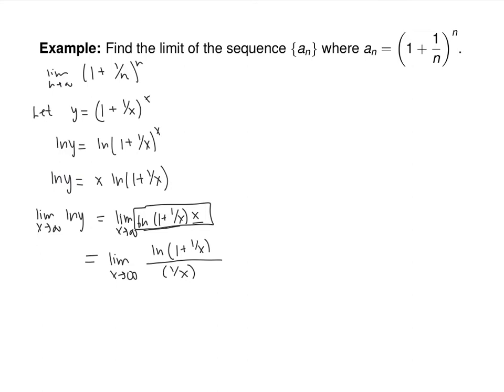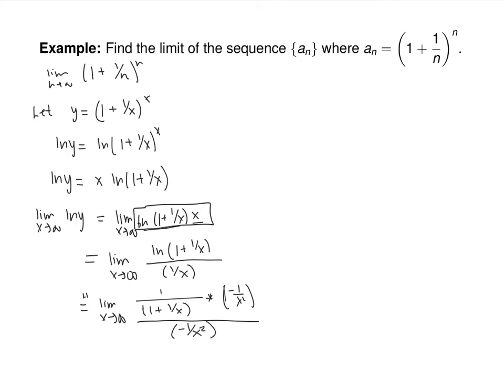Okay. So now we apply L'Hopital's rule. The limit as x goes to infinity. So the derivative of ln of that stuff will be 1 over that stuff times the derivative of the stuff, which is negative 1 over x squared, all over the derivative of 1 over x, which is also negative 1 over x squared.